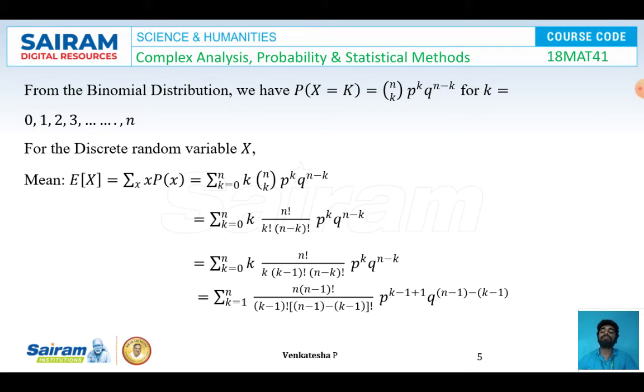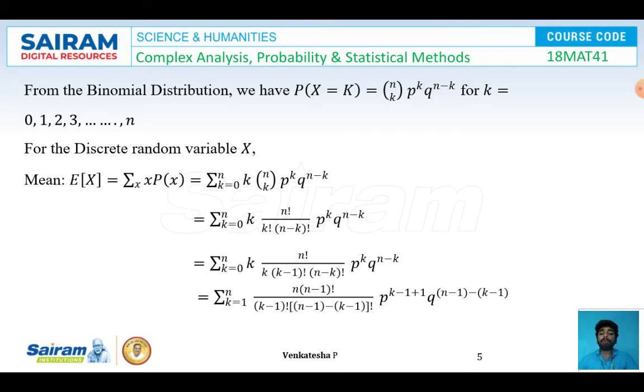So I'll be converting all the x variables in terms of k. So I got the expression: summation k from 0 to n of k into nCk p^k q^(n-k).